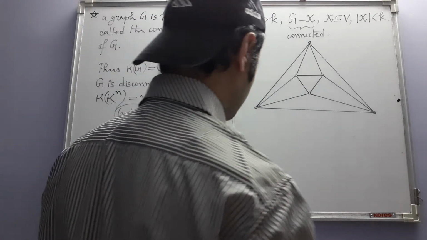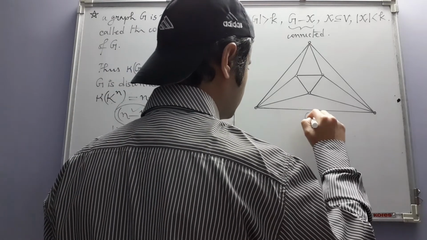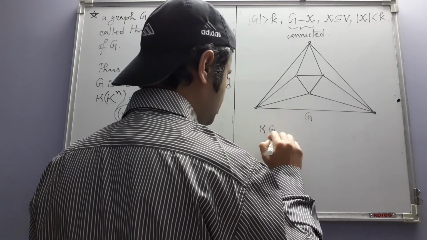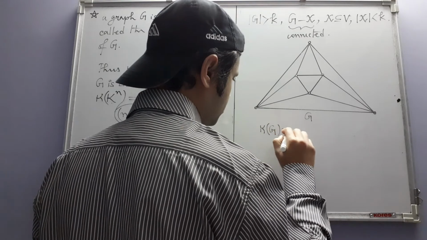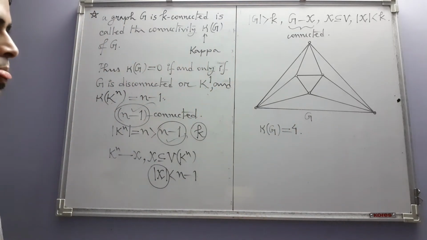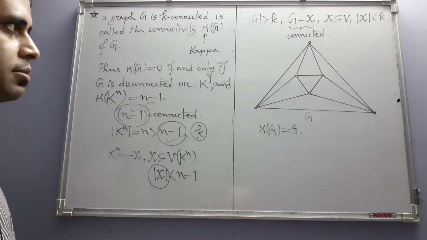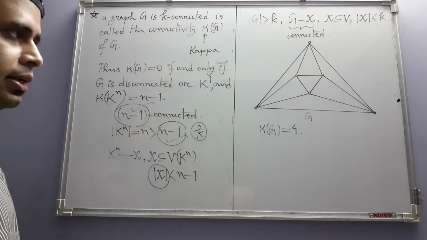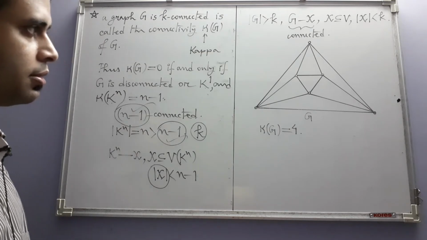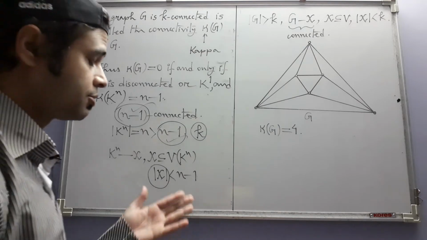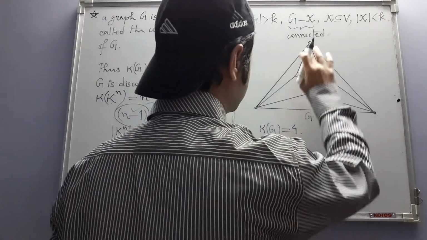This is a graph G whose connectivity is 4. You can see in this graph, if you remove any 3 vertices, the resulting subgraph stays disconnected. Connected. What the hell am I saying?